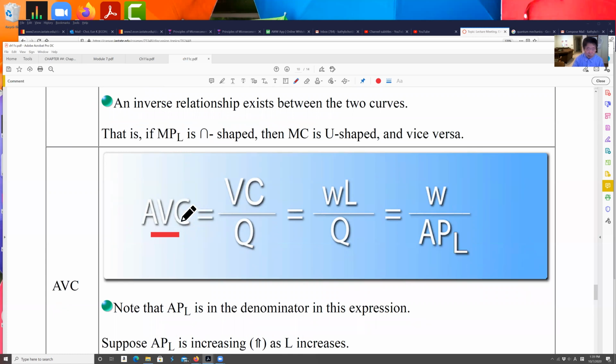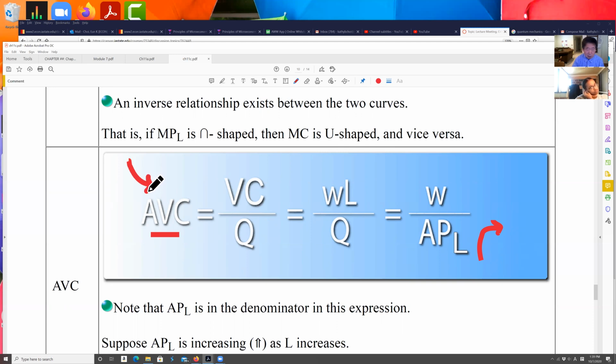Why? Because average variable cost is variable cost divided by the output level, and variable cost is simply the cost of labor, W times L, divided by Q. But L over Q is simply the average product of labor upside down. So when average product of labor is going up, average variable cost is going down.